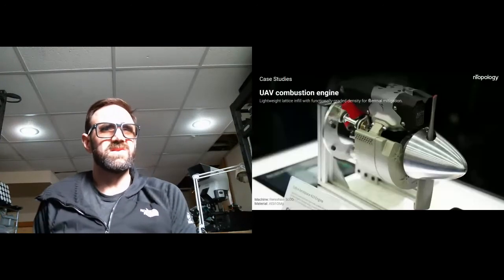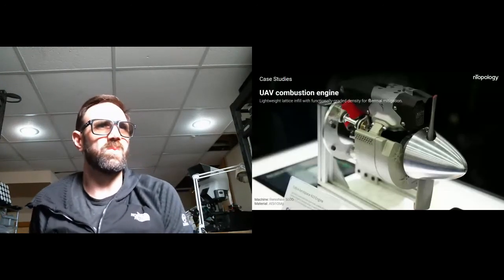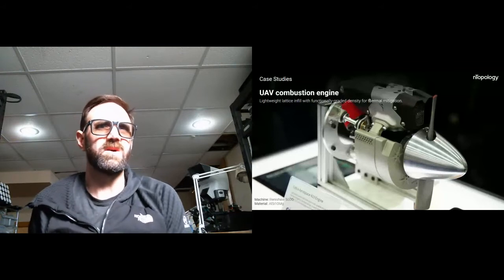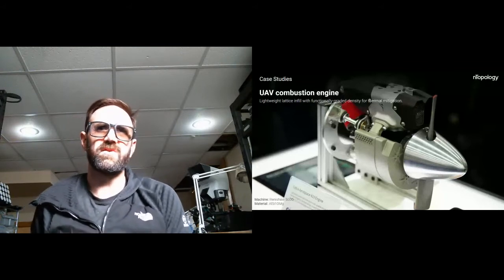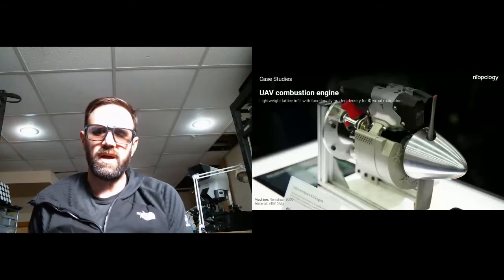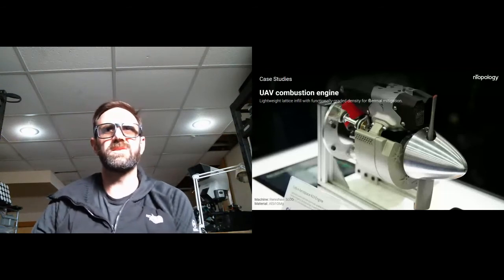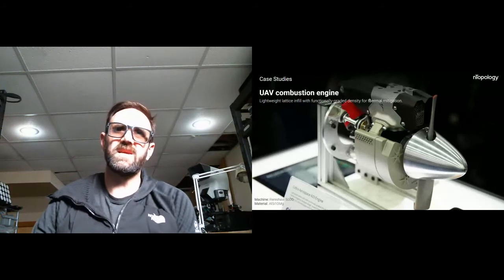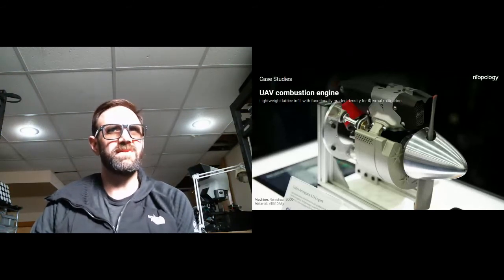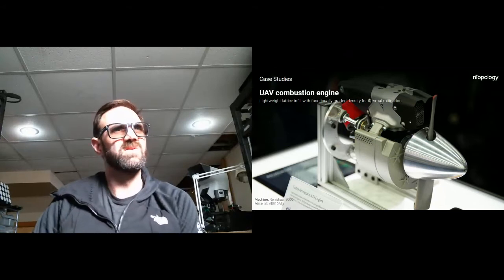So along those lines, a combination of things is we worked with a customer called Cobra Aero, and they're in the business of designing and printing engines for drones. In this scenario, they actually wanted to print this intake manifold, and then they wanted to be able to optimize it both for manufacturing, but also for performance, right?